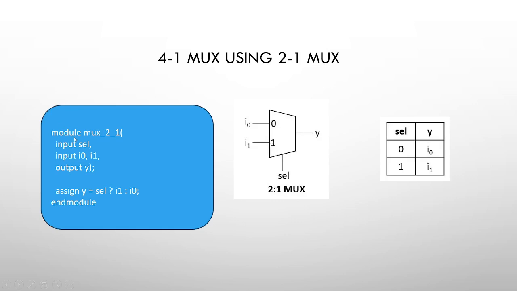Everything should be written within module and endmodule. After module, you write an individual name; since this is a 2 by 1 mux, when you check examples on any websites, they will be giving names like mux_2_1.